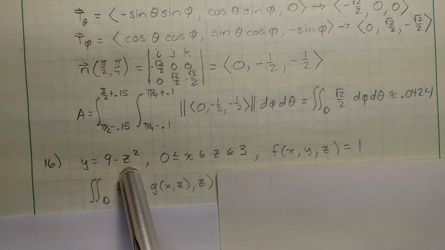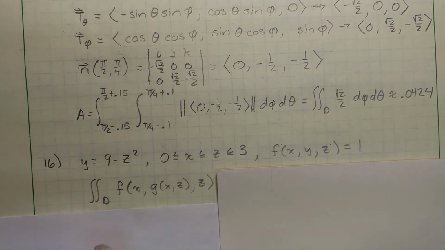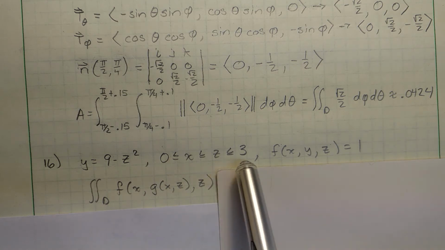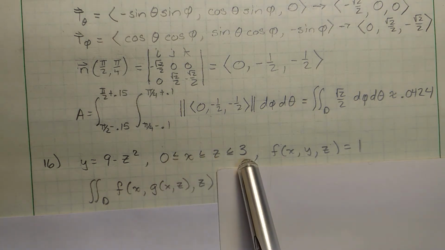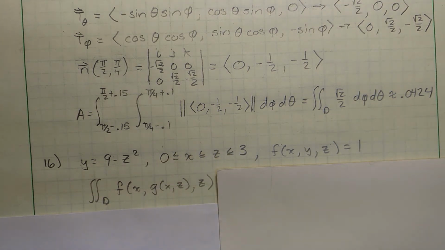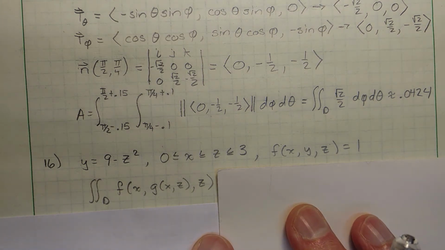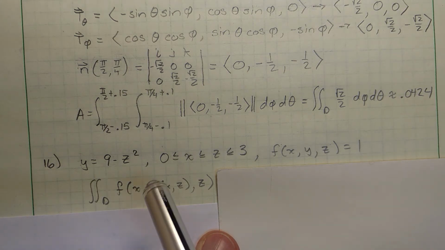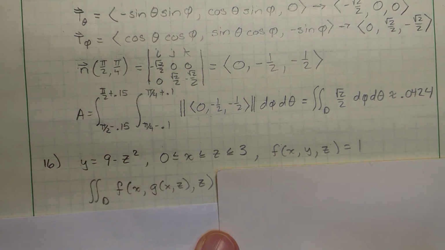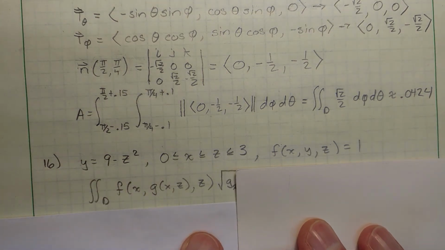We're given what y is equal to in terms of z, and we're given the regions here for x and z. Notice that. So the one that we're going to parameterize with the other two variables is y, because y is given in terms of z. I could have solved this for z, but that would have been more complicated. So it's easier to do it this way.